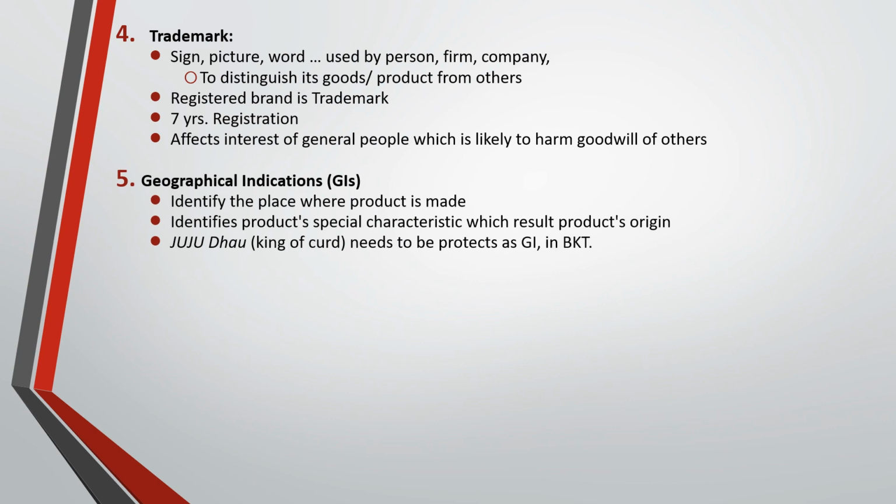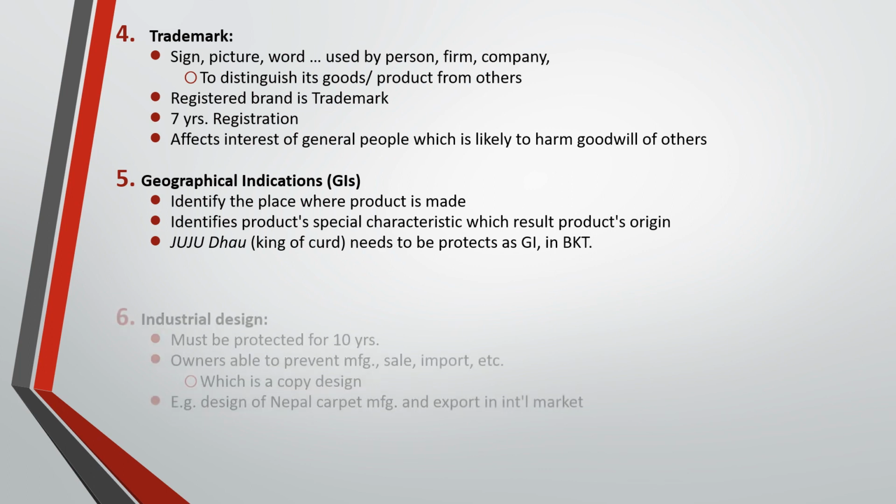Next we have geographic indications, GI, which identify the place where the product is made and identify the product's special characteristics resulting from the product's origin. Example, Juju Dhau as the king of curd in Nepal needs to be protected as GI in Bhaktapur.